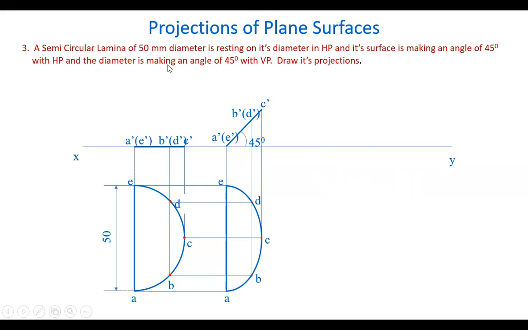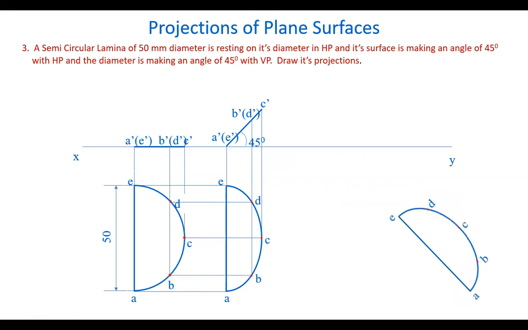This line AE, the diameter line, is making an angle, which means it is the true inclination. We will see the true inclination, because even this 90 degrees is the true inclination, perpendicular, since this AE is in the horizontal plane. That's why whatever angle you see for this AE edge is its true inclination.